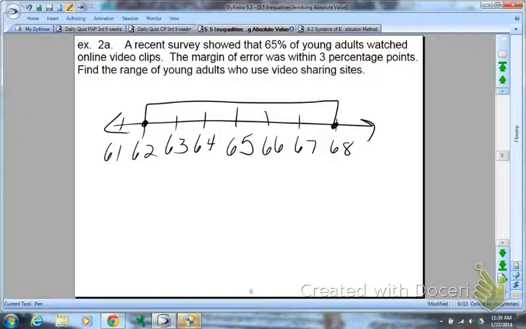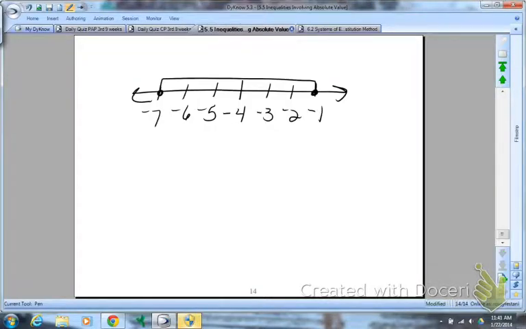What would the equation be for this one? What's the middle? 65, so it's absolute value of x minus 65 is less than or equal to what? 3. So what if we had, hold on, come up with the equation for this one.